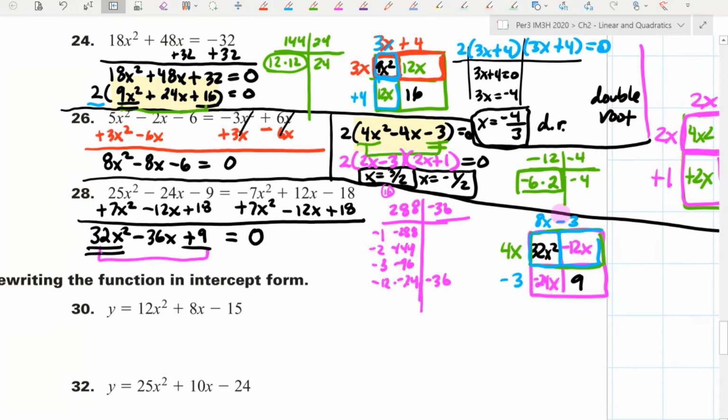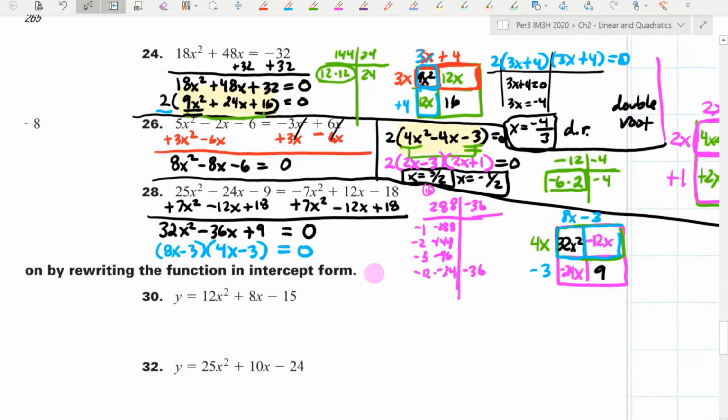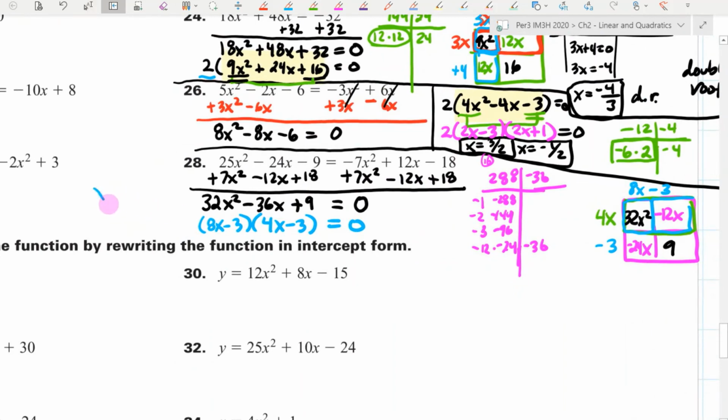So when I factor this, my factors will be 8x minus 3 and 4x minus 3 equals 0. You still need the equal 0, and you still need to solve for x. So when you solve this for x, you get x is equal to, for the first one, 3/8, and for the second one, you get 3/4.